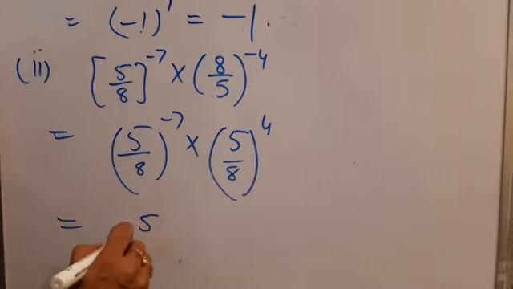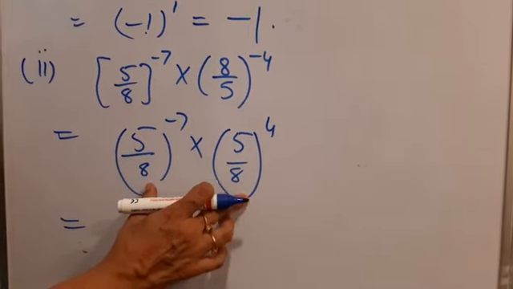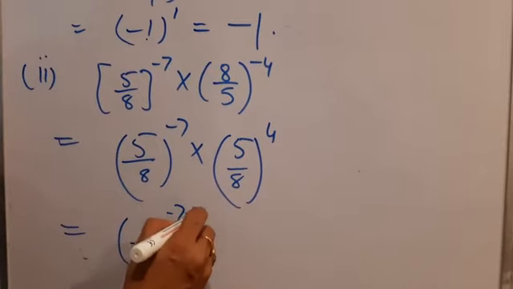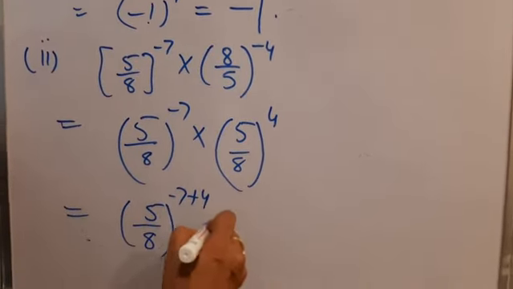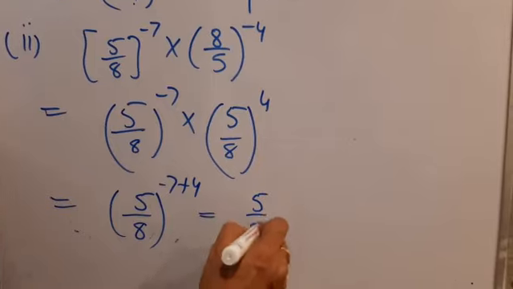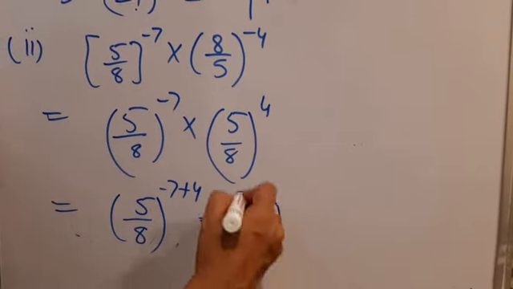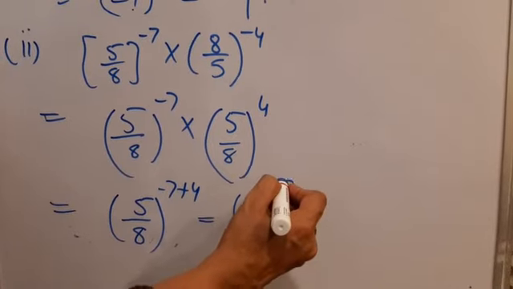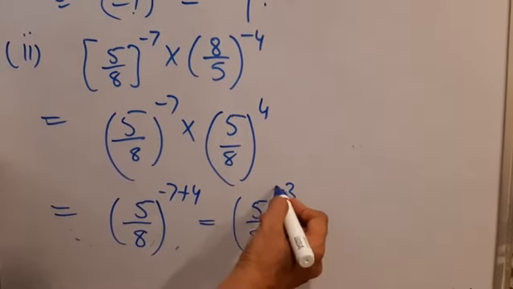Now 5 by 8, the bases are the same, so you can add the powers. Powers are minus 7 plus 4. So it will become 5 by 8 raised to power minus 3. And 5 by 8 raised to power minus 3 means, now make the power positive.